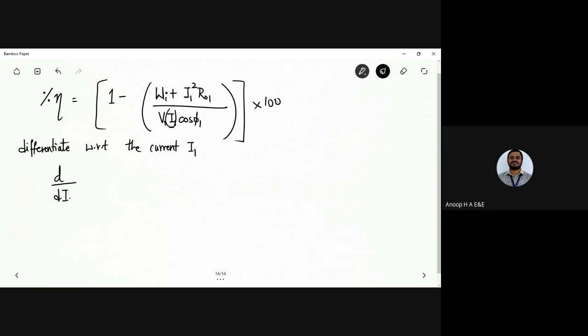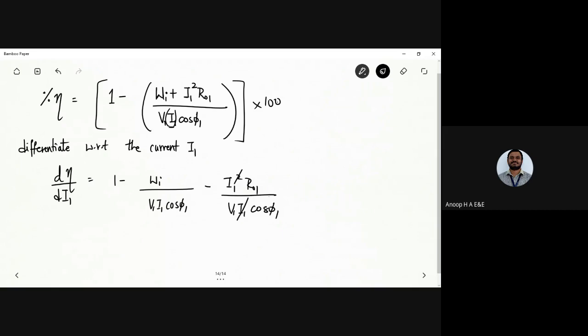d by dI1 of eta is given as, what is the equation that is there? So 1 minus Wi divided by V1 I1 cos phi 1 minus I1 squared RO1 divided by V1 I1 cos phi 1.